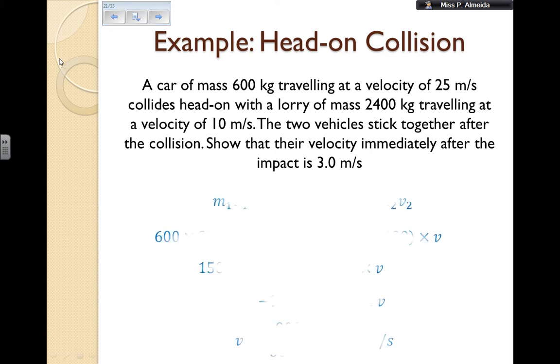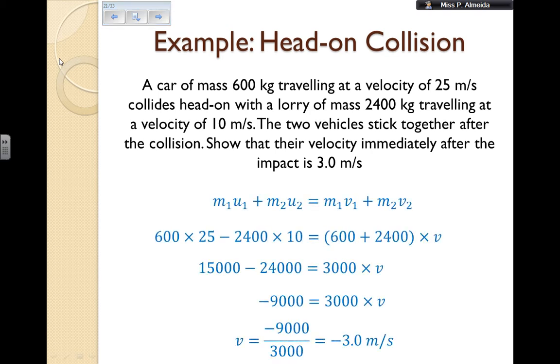So this is what I do. First, I get the formula, and I get the formula written in full, okay? And then under each part of the formula, I'm going to substitute the values. So m1, the first mass, 600, times u1, velocity in the beginning, 25, plus m2, second mass, 2,400, times velocity.